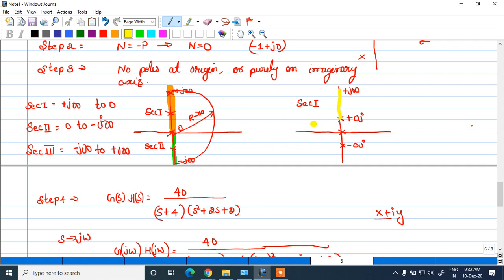And section 2 will be plus 0 to minus 0. And section 3 will be minus 0 to plus j infinity. And finally, section 4 will be this one.